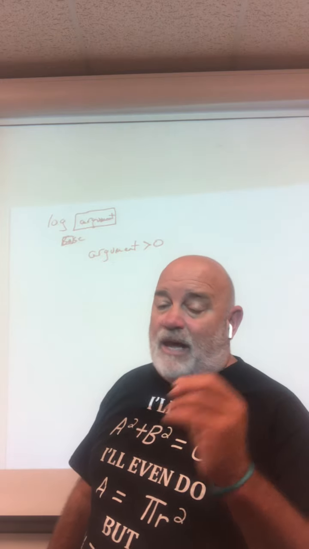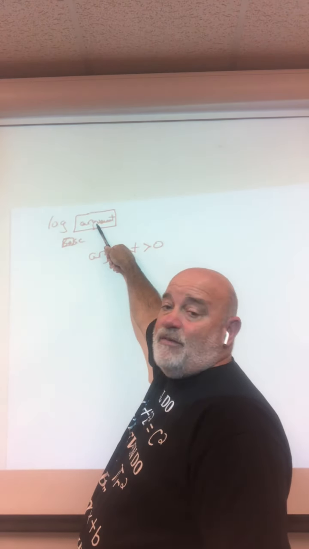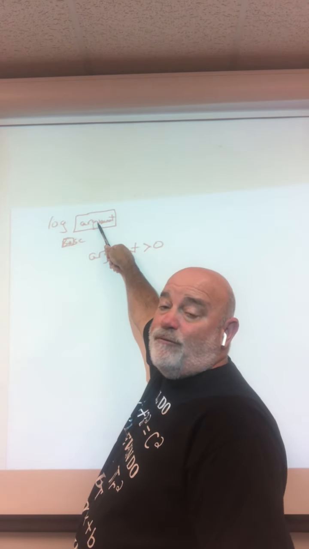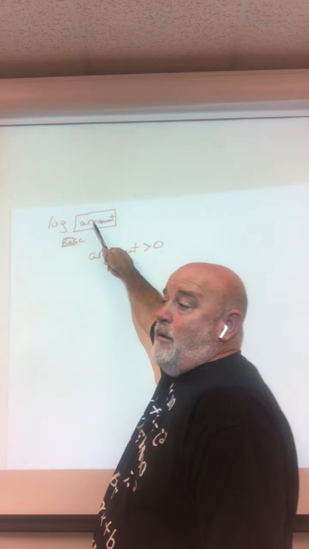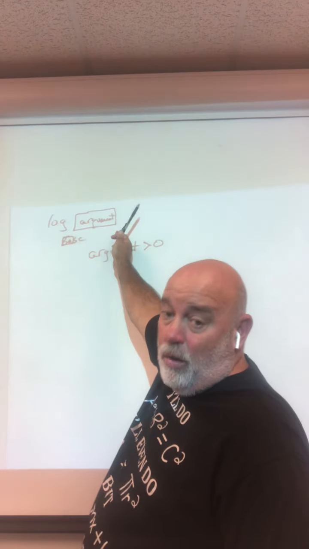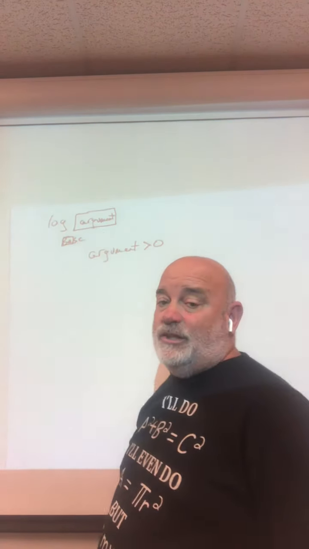Now, it doesn't have to be a whole number. This number right here could be 7.3, 15.2, 89.476. It could be anything as long as it's bigger than 0. We typically are not going to deal with decimals, but still, as long as it's positive, that's the only stipulation.